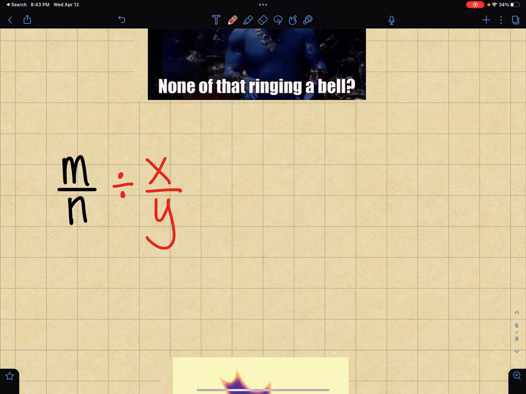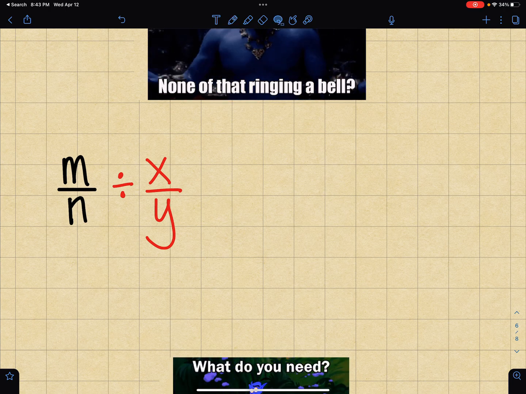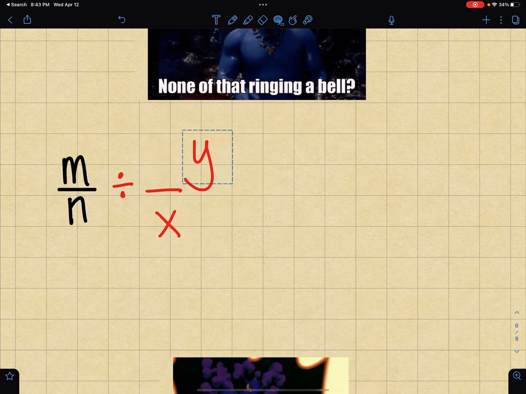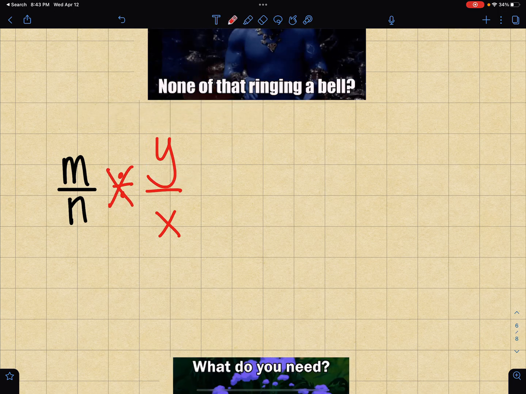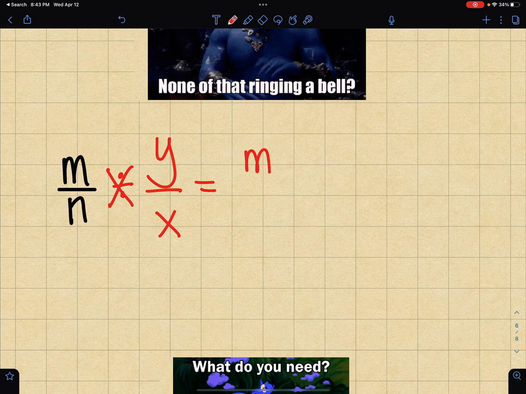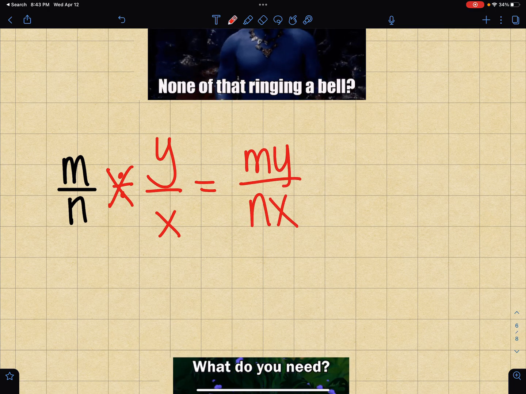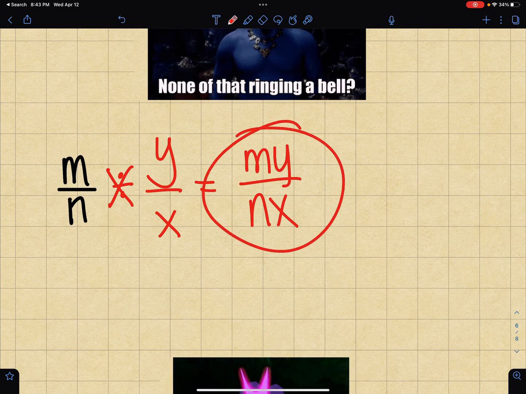What do you do when you divide fractions? You invert the second one. That means you take this, see how I move it, and then you multiply straight across, and you get my over nx. That would have been cool if we spelled a little secret message, right? So this would be the answer.